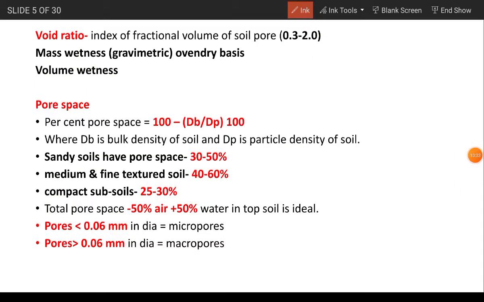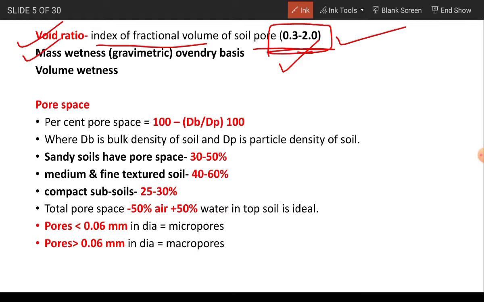Next comes the void ratio, which is the index of fractional volume of soil pores, with values generally ranging from 0.3 to 2.0. Then followed by mass wetness or gravimetric observation, which is the water content. The volume wetness is nothing but the volumetric water content.